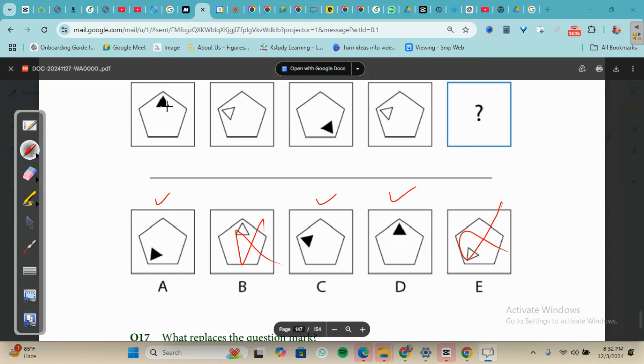I noticed that this triangle faces up, and okay, I think I've seen the pattern. For this black triangle here, this dark color, it skips two vertices.